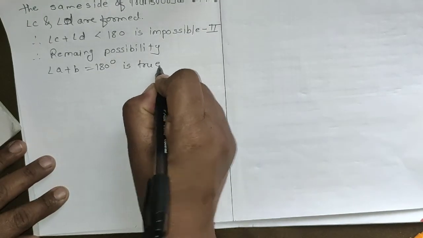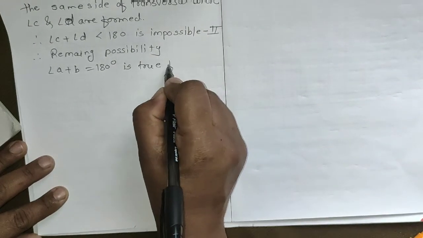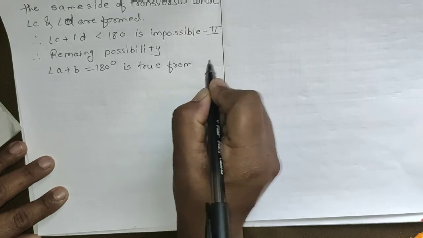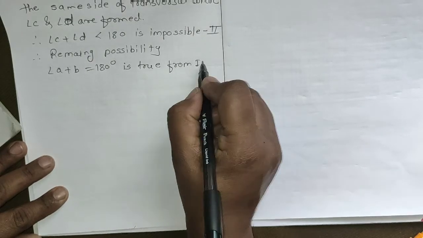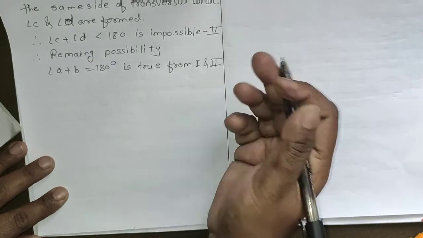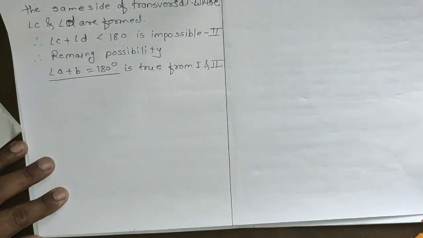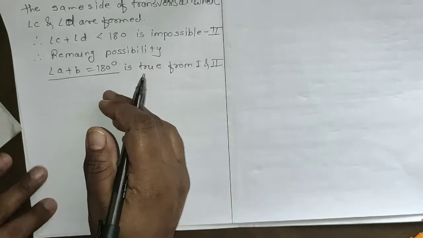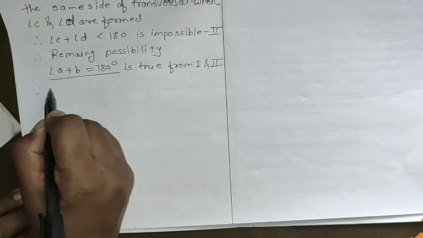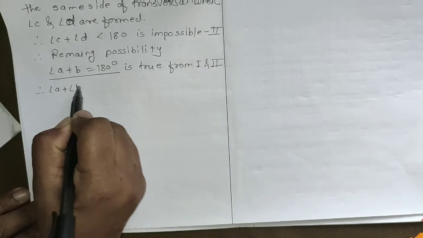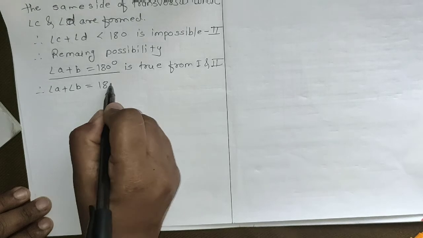Okay, now it is true from 1 and 2, because first, second, third conditions are there. First is impossible and second is also impossible. So the remaining one, that is A plus B is equal to 180, is the last possibility, and it is the true possibility. And therefore angle A plus angle B is equal to 180 degrees.